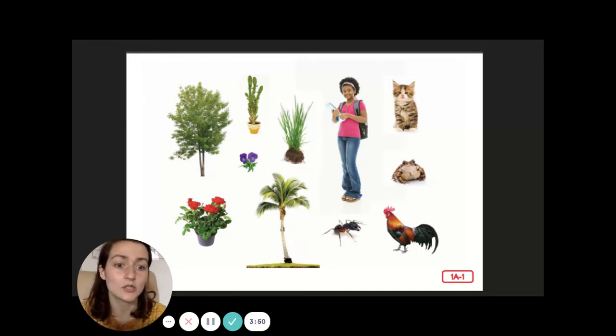People, animals, and plants are alike. They're all alive. They need food, water, and air to grow and stay alive. But plants, people, and animals are different in many other ways. How do you think plants and animals are different? Well, unlike animals and people, plants do not make sounds and they cannot move from one place to another.